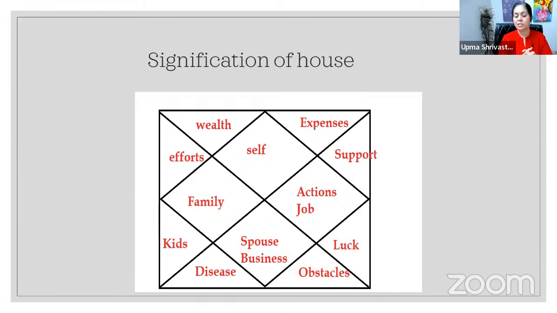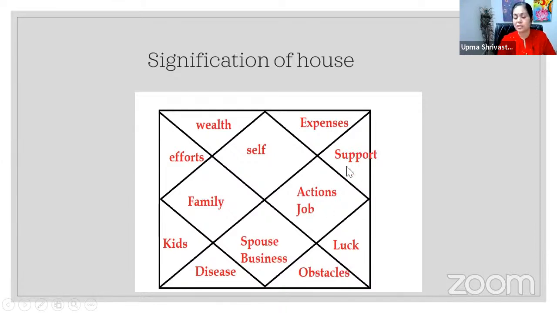Or if the Sun is making a negative relation with the 10th house, you will not get support from your seniors. If Saturn is creating a bad relation with the 10th house, then your colleagues or team will not support you. It will become a challenge at the workplace. So the workplace environment and how good your work is, all these things we check from the 10th house.